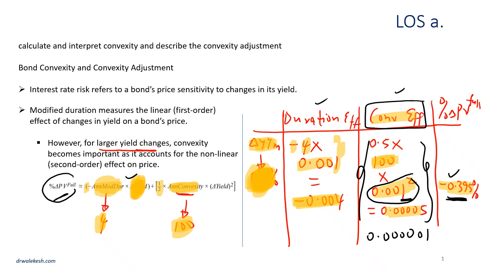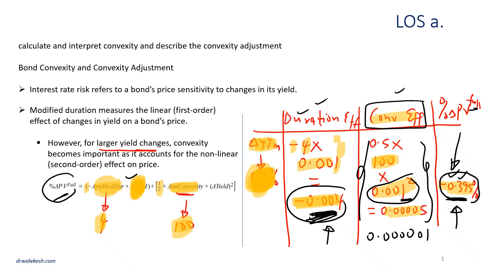So this is very close to what we have here. If you convert this to decimals, it will be very close to what we have here. That implies that the major contributor of this percentage change in the bond's price is duration effect.